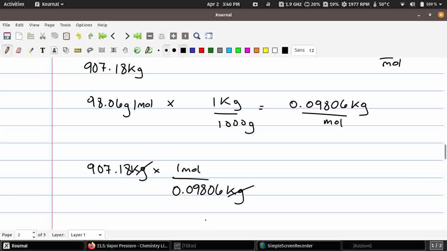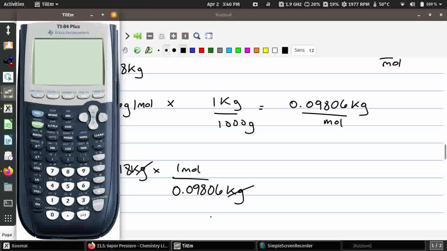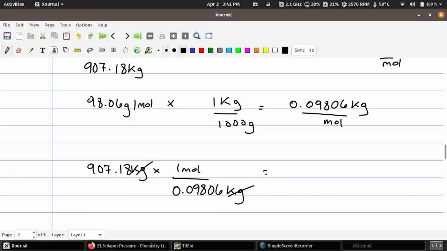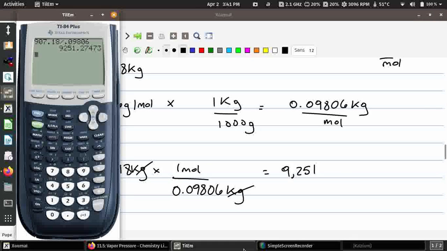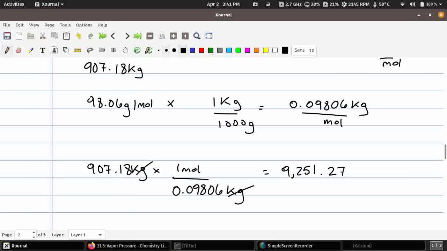So this is going to be a very large number. 907.18 divided by 0.09806. So this is going to be 9,251.27 moles. It's a lot of H2SO4.